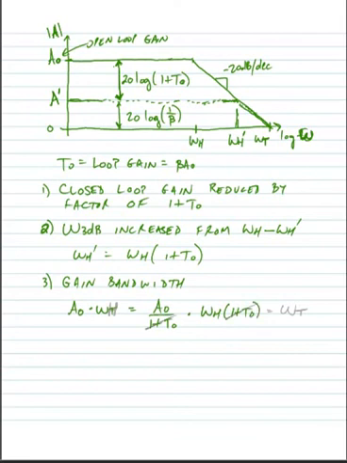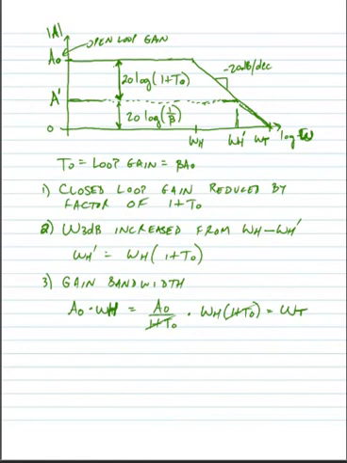And we see, of course, that the 1 plus T sub 0 cancels out, and we're left with omega H. Oh, sorry, over here this should be omega H, not omega T, the gain times the bandwidth. Okay, and we know that this product is equal to omega T, our unity gain frequency.